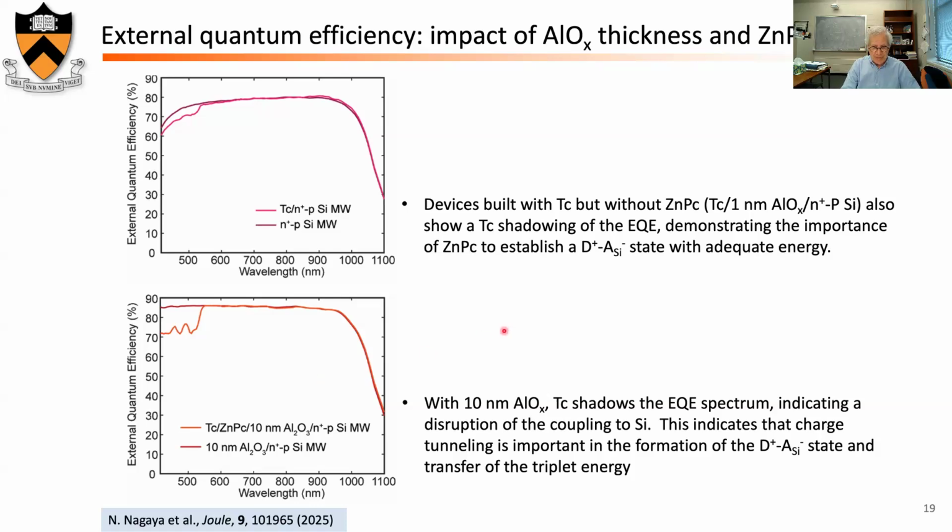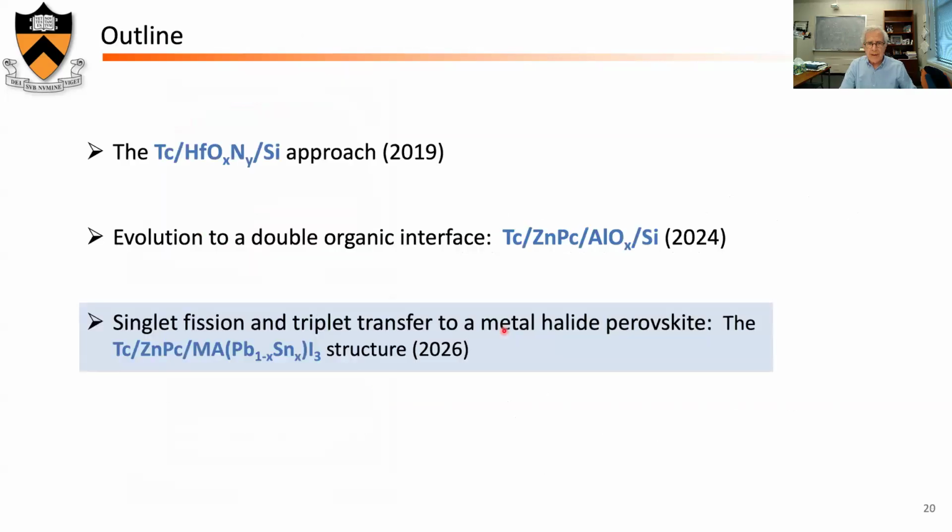So building on this, we decided to look at metal halide perovskite. This singlet fission on perovskite had not been attempted before, at least as far as I know. And we wanted to test a similar structure on a halide perovskite and see whether we were getting the same response to the interface electronic structure.